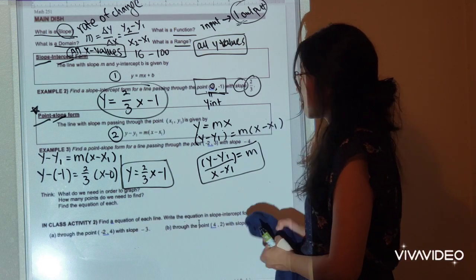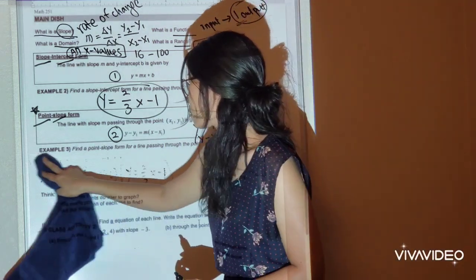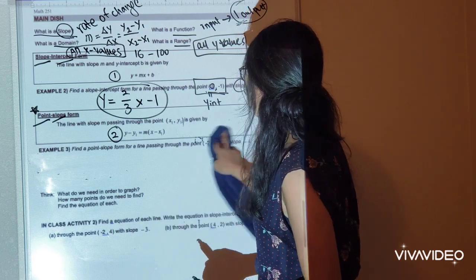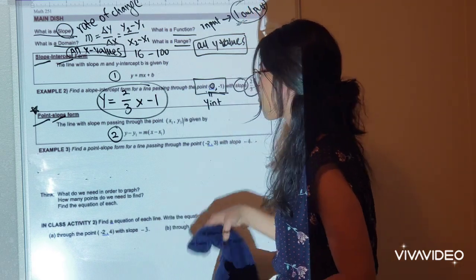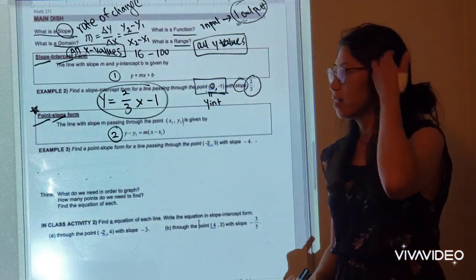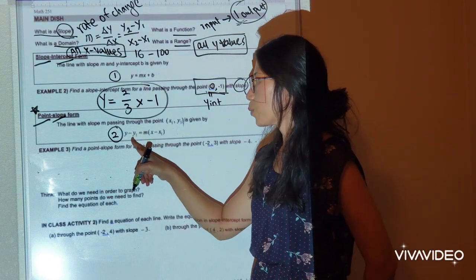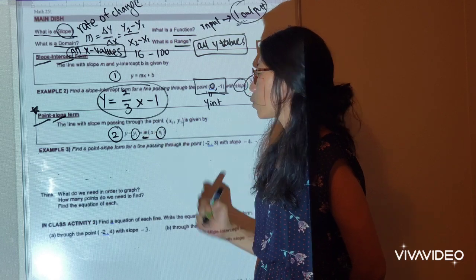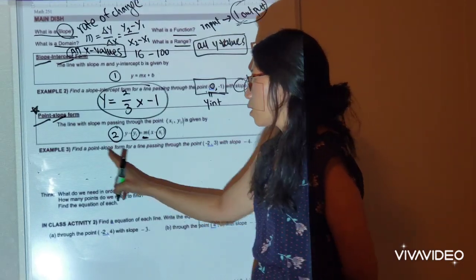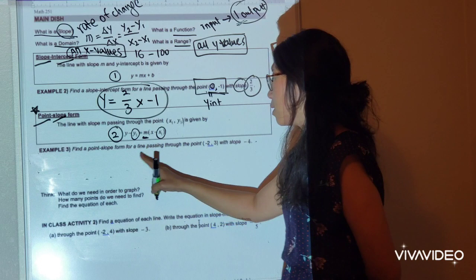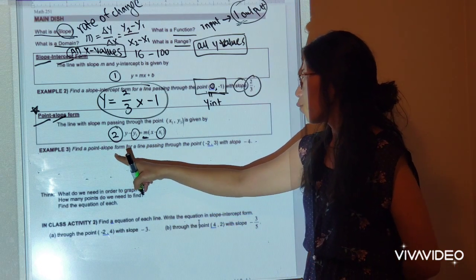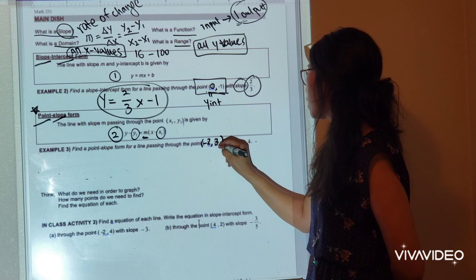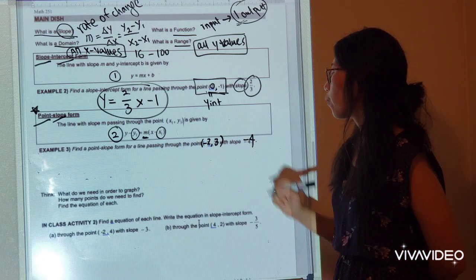Then let's look at example 3. If you understand when we use point-slope form, you are going to plug in a given point and then the given slope. So look at example 3. I want to find the point-slope form passing through the point -2, 3 with slope -4.